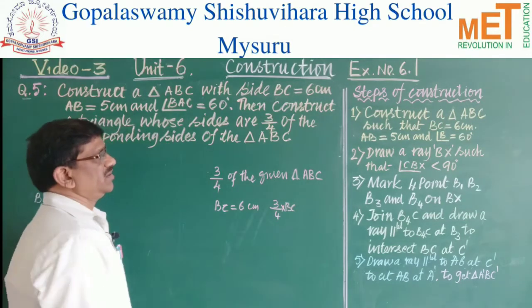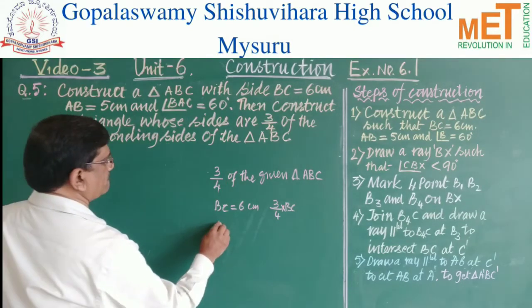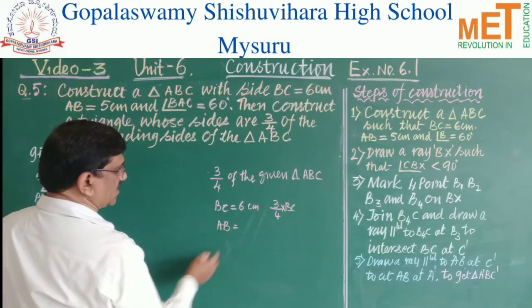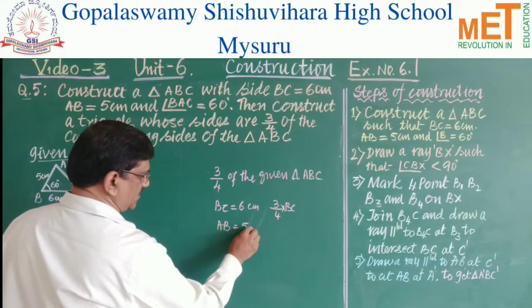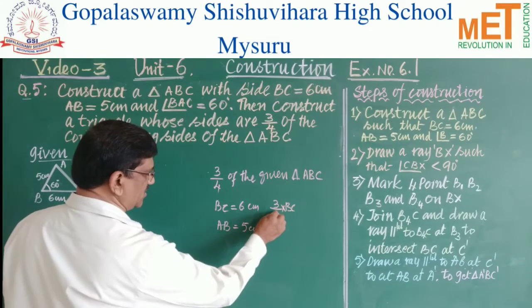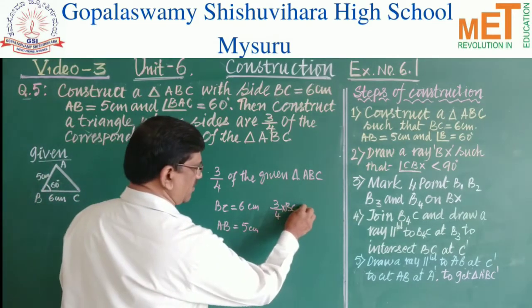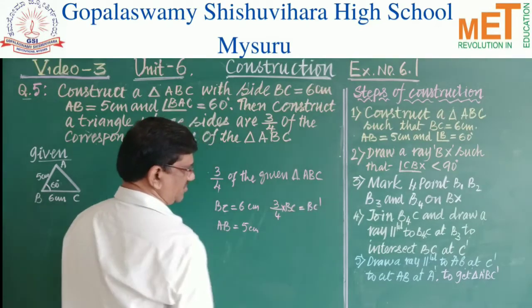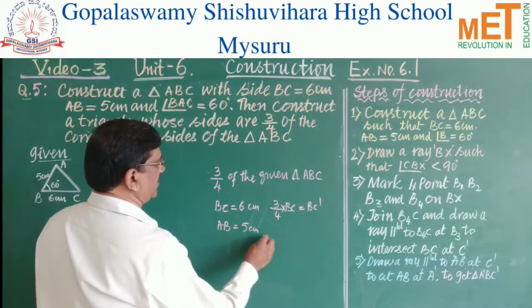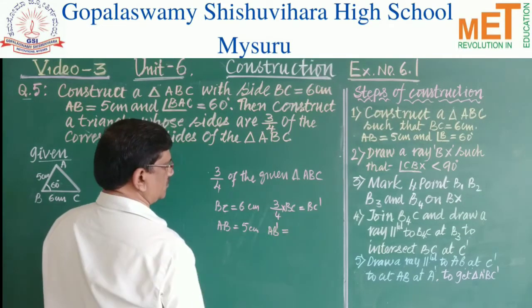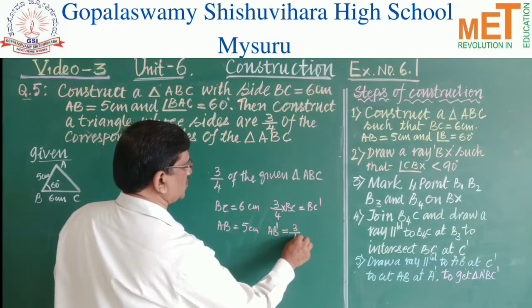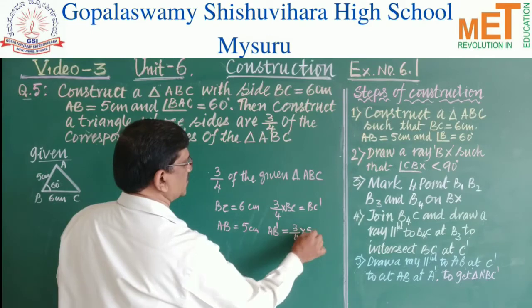In the same way, if you take AB, which is equal to 5 centimeter, the corresponding side we can call AB dash, is equal to 3/4 of 5 centimeter.